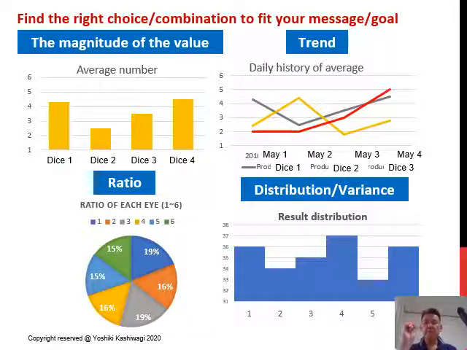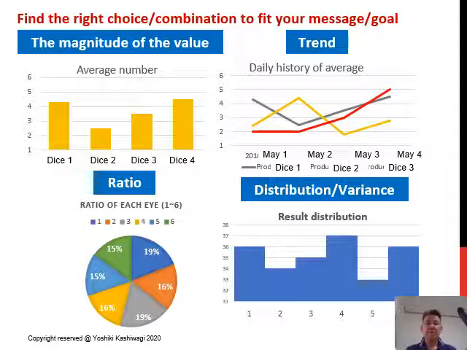If you throw each dice a couple of times, for example, you get the average 4.2 or something for dice 1, and 2.5 for dice 2, and 3.5 for dice 3, and 4.5 for dice 4. With this result, you can say the average result of dice 4 was the highest.